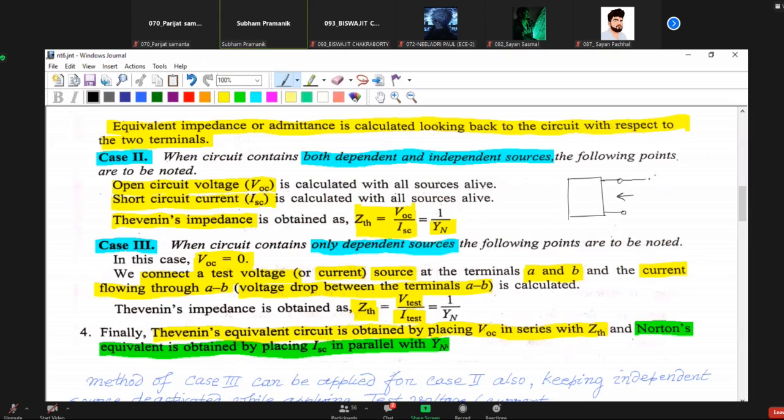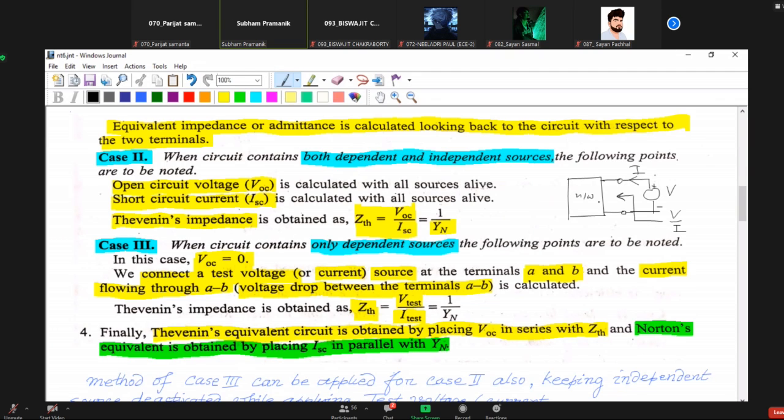Actually, a potential drop is produced and the current is measured. How much current this network is drawing from a voltage source, that current is measured. So if you know this V and I, then you can obtain this resistor as V by I.